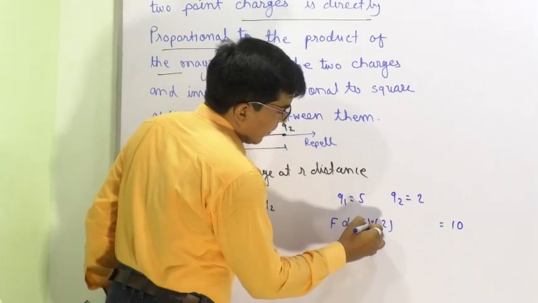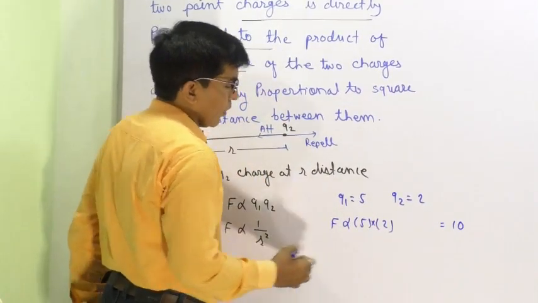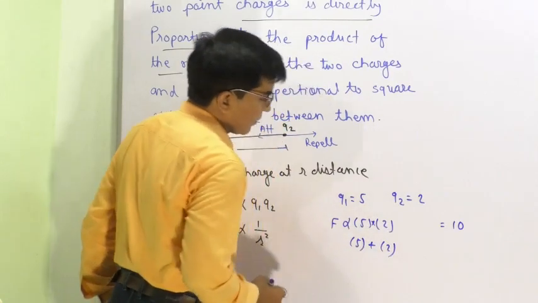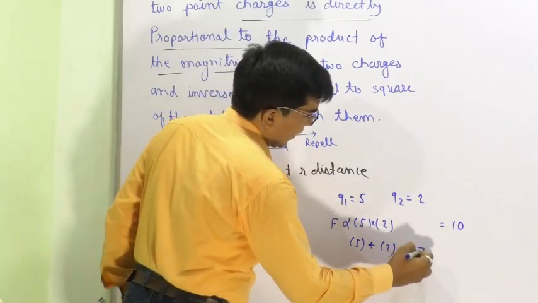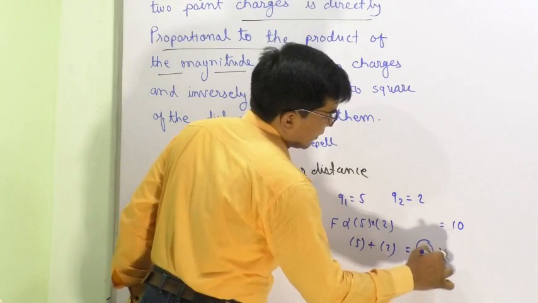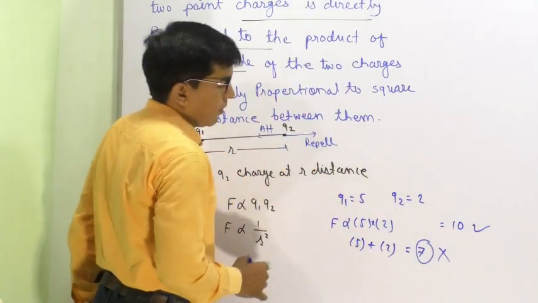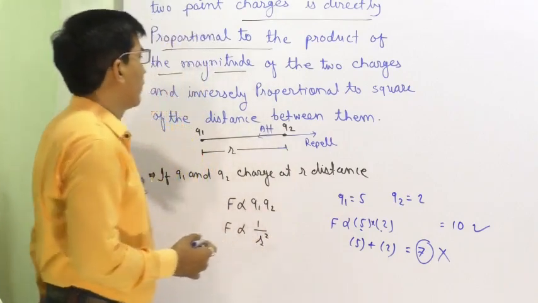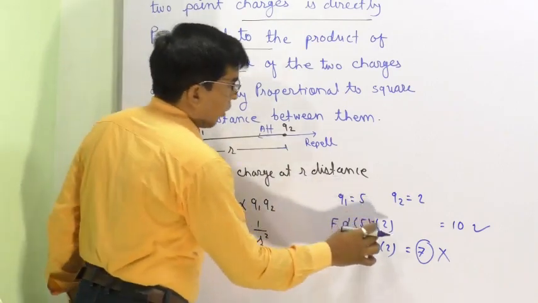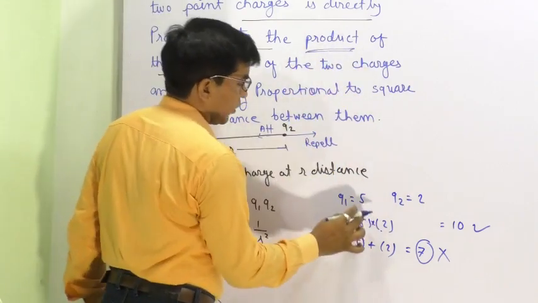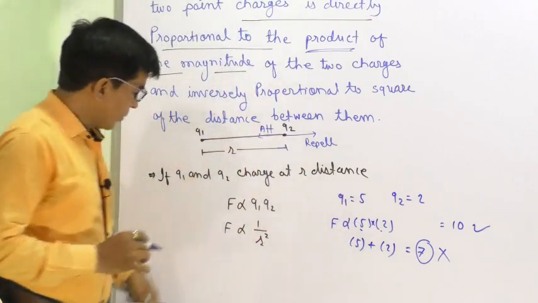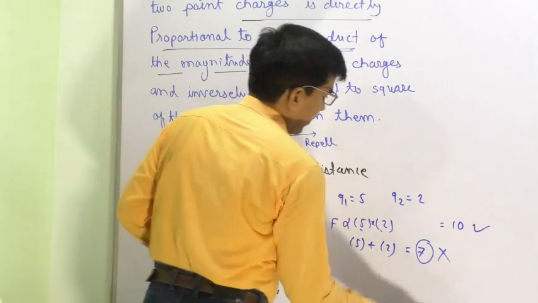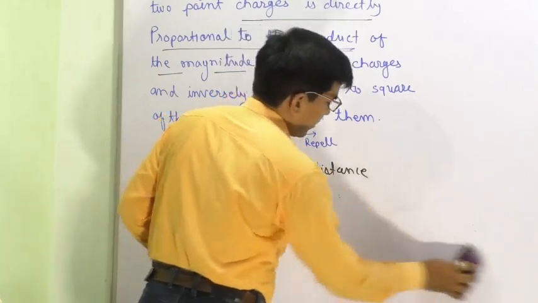So it is multiplication, not addition. If we add them, then the value may be 7, but this is the wrong value. The value will become 10. So they are directly proportional to the product of these two point charges. So F is proportional to Q1 Q2.